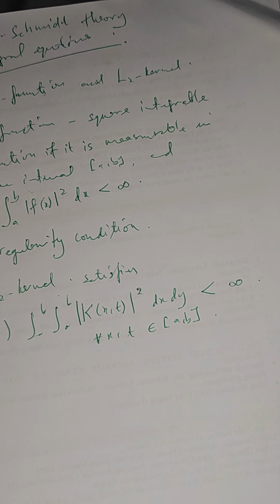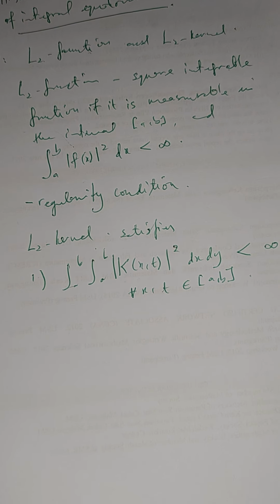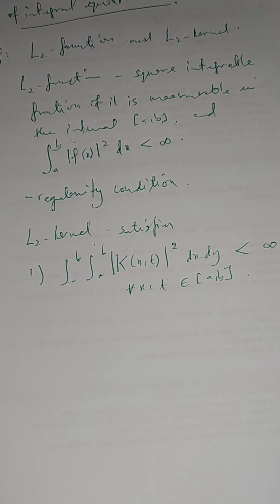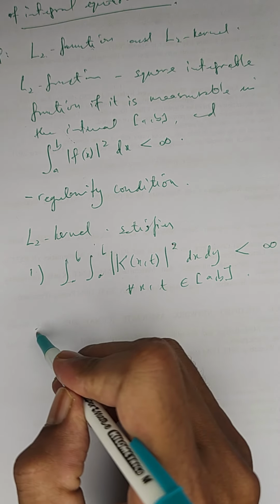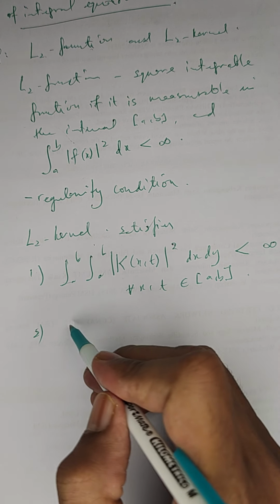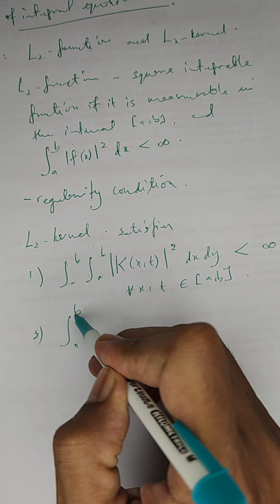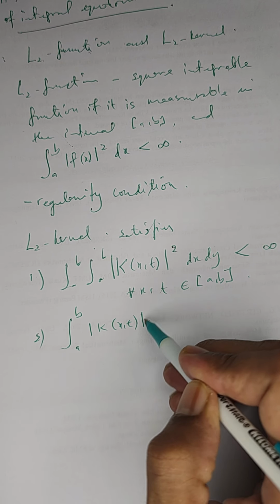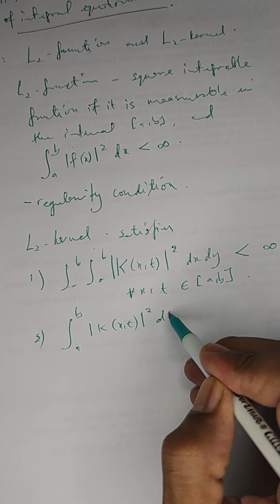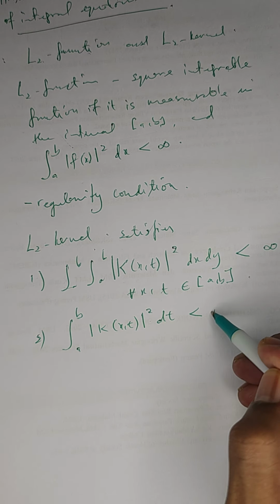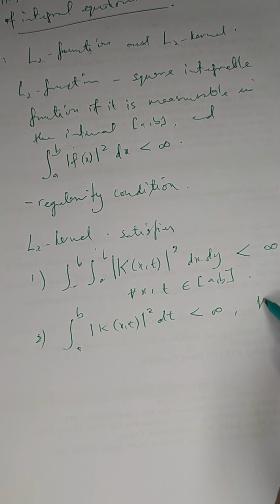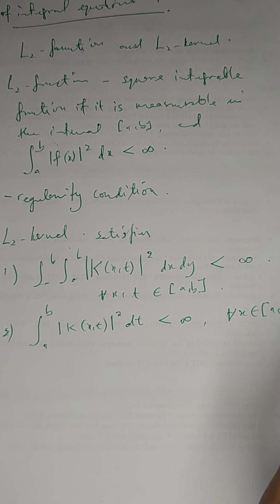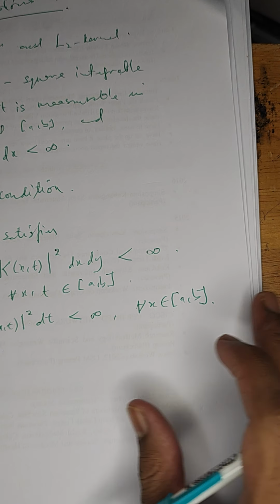Condition number 2: the integral from a to b of |k(x,t)| squared dt is also finite, for all x in AB.